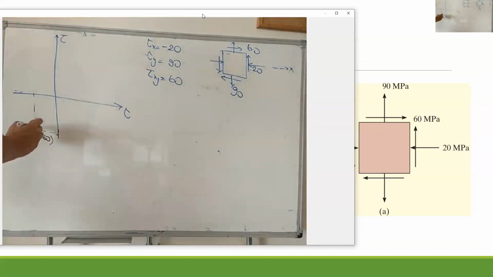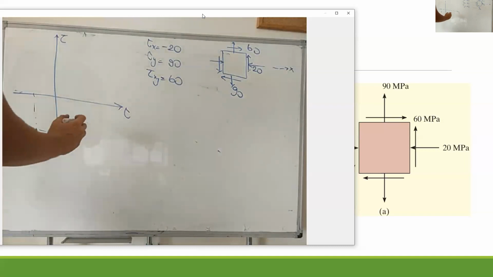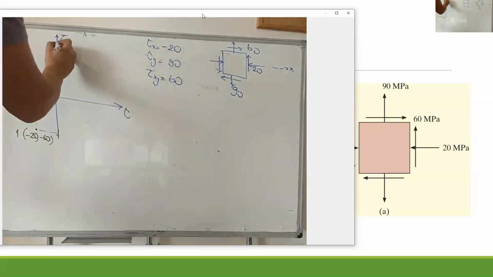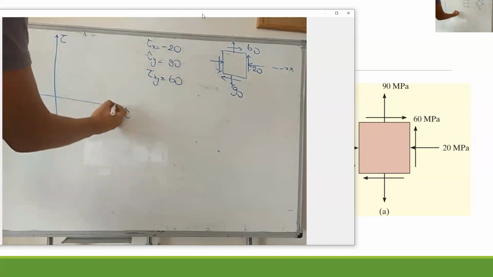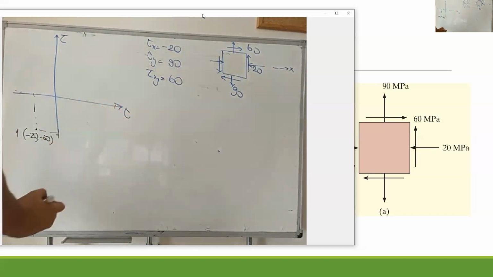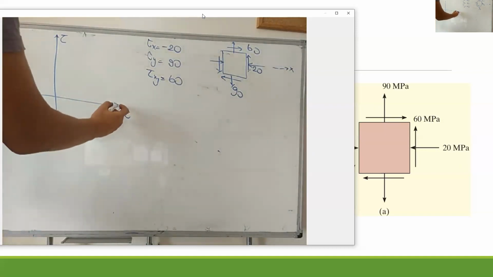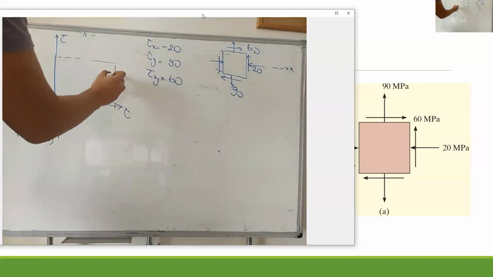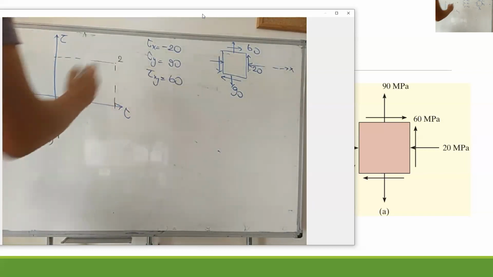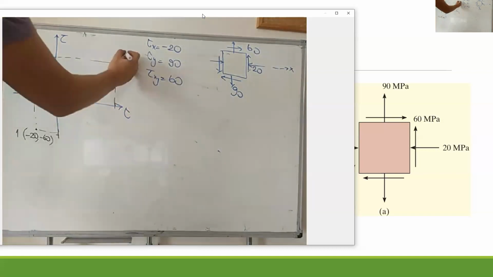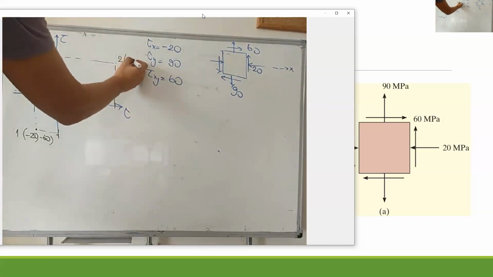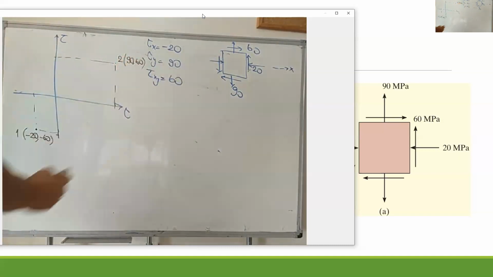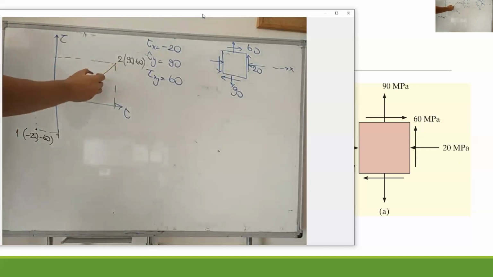The second point is sigma y, which is 90, and also positive tau xy, so the second point is 90, 60. Okay, now I can connect these points with a line.